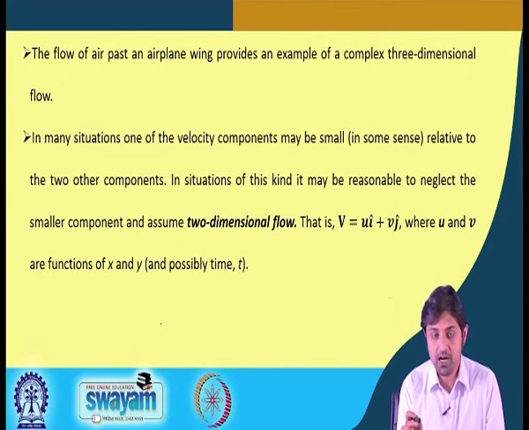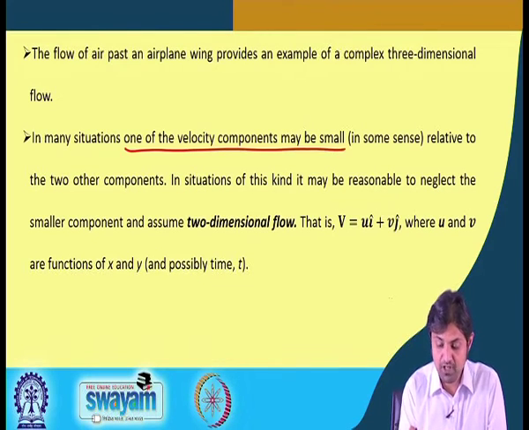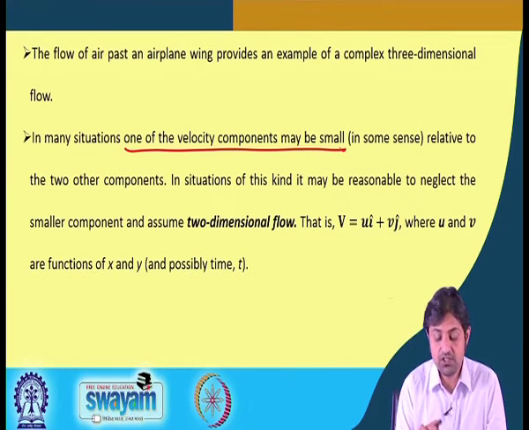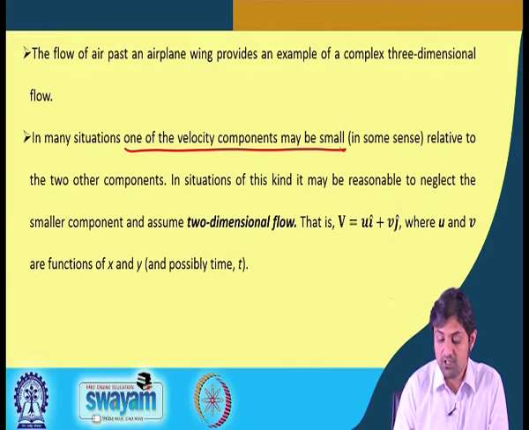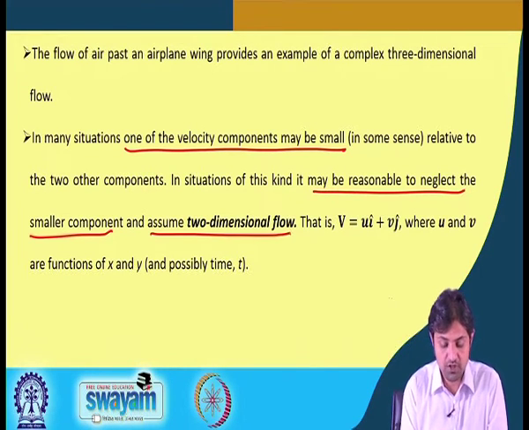But going back from the example, the main point here is that one of the velocity components may be small relative to the other components. In situations of this kind, it may be reasonable to neglect the smaller component and assume two-dimensional flow.